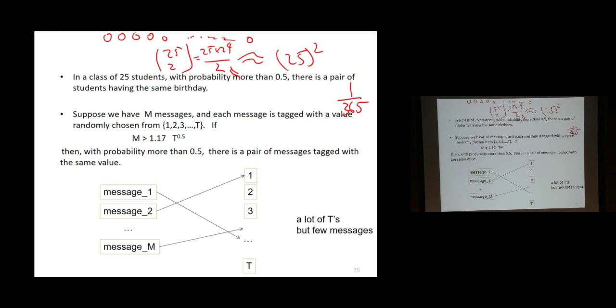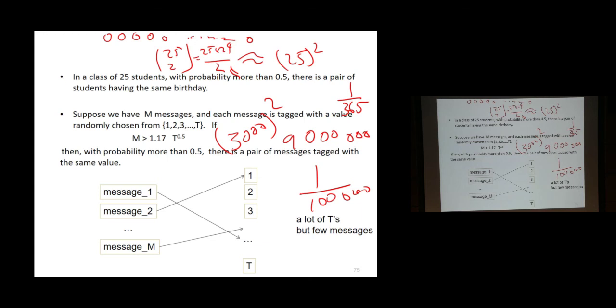A very rough estimation is this: 3,000 squared is 9 million. For 3,000 students, I can form around 9 million pairs. For each pair, what is the probability of having the same number of hairs? 1 over 100,000, but I have so many pairs, so the chance is extremely high. And the actual formula is this.